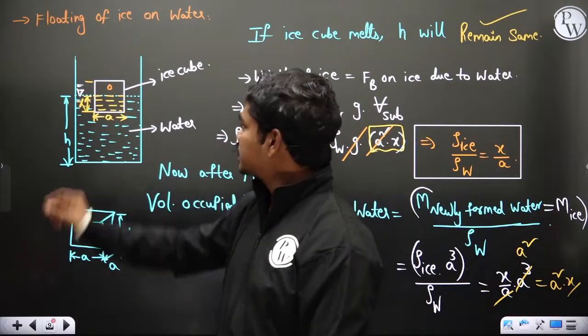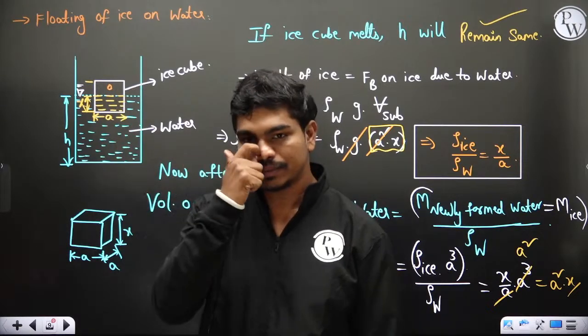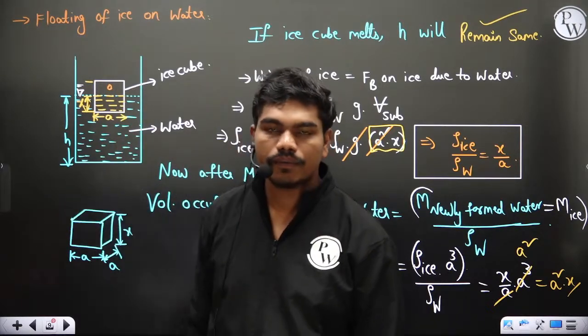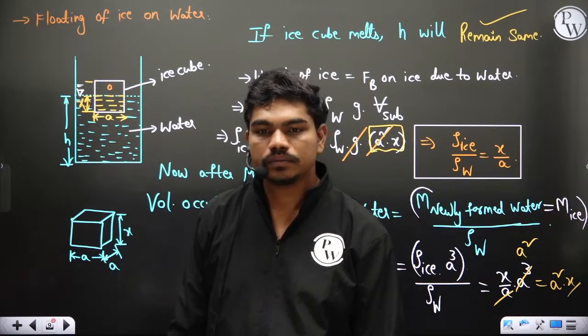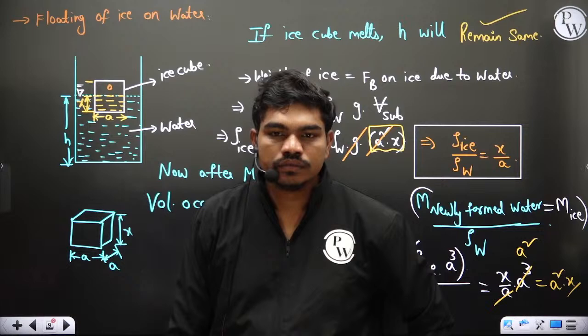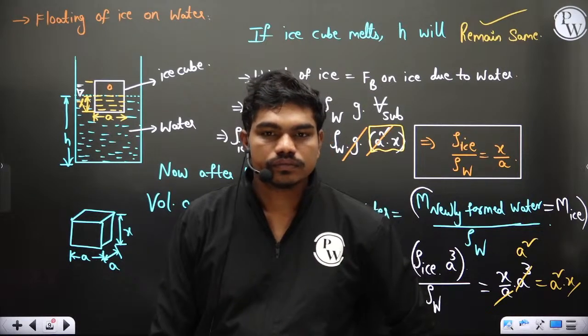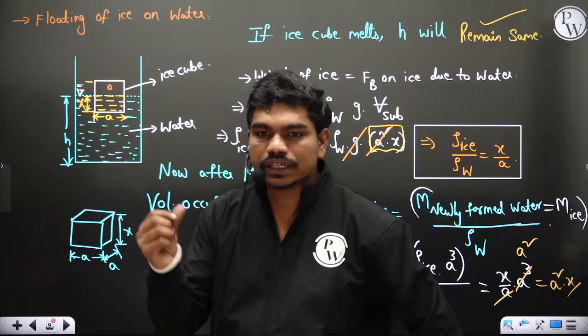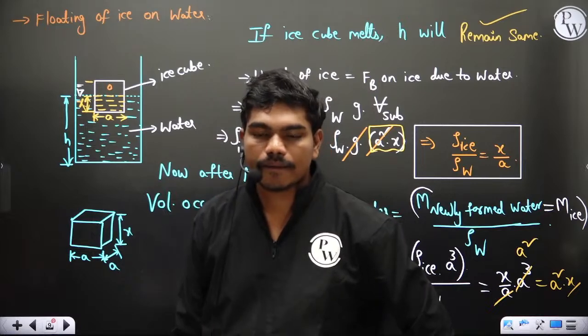Let us suppose in the ice you have a very small air bubble, for example. Any idea?